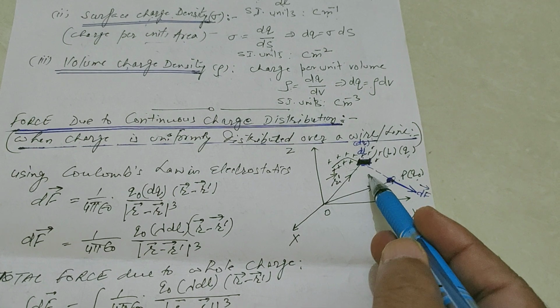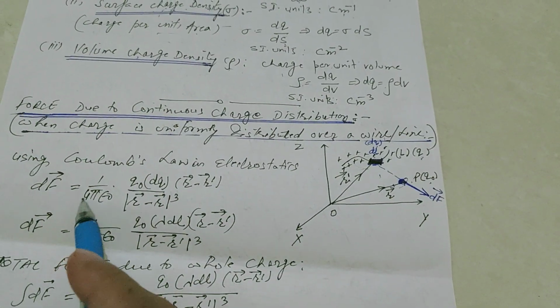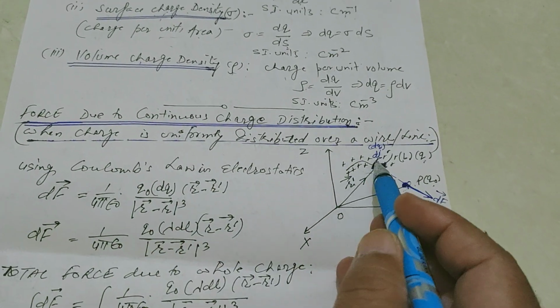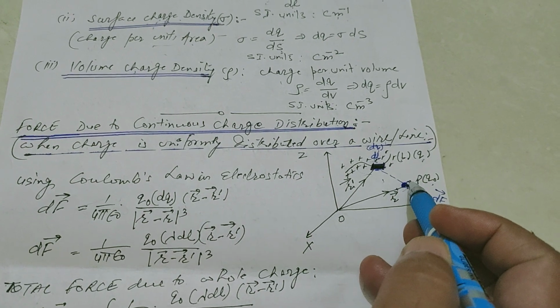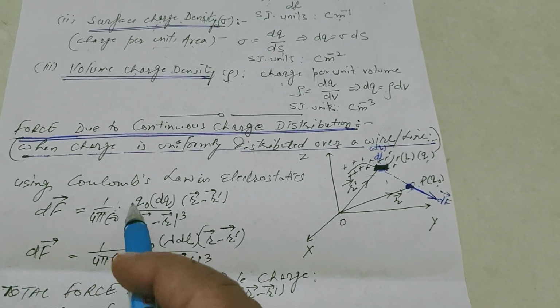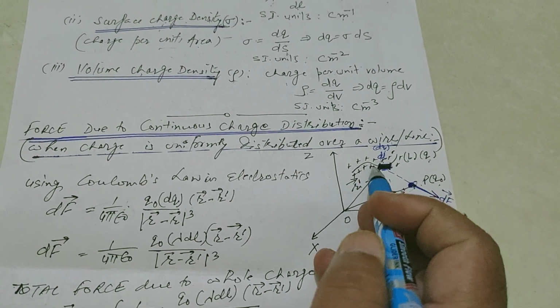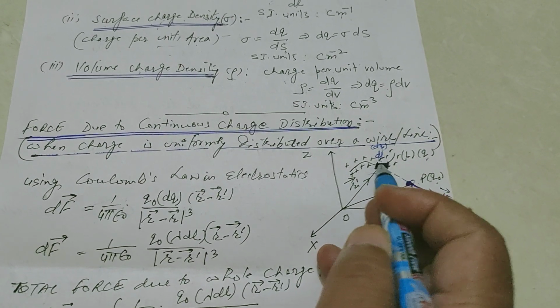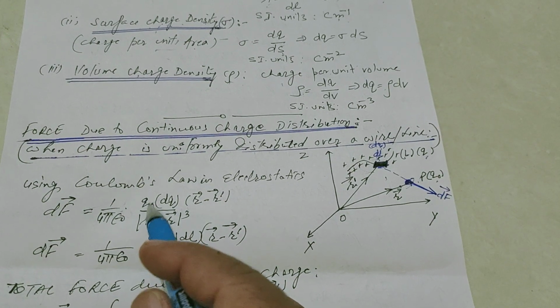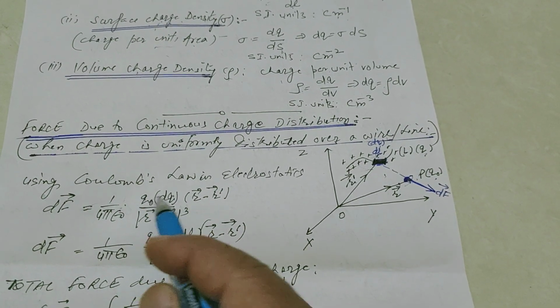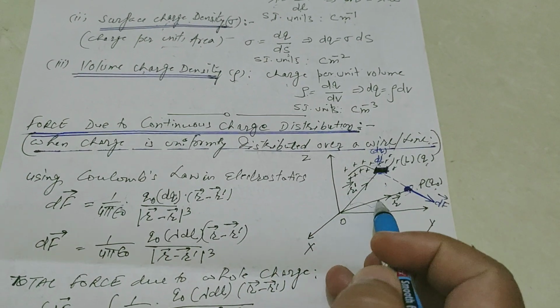Now using Coulomb's law, the force between this dq and this Q naught is 1 by 4 pi epsilon naught, Q naught into dq, q1 q2.